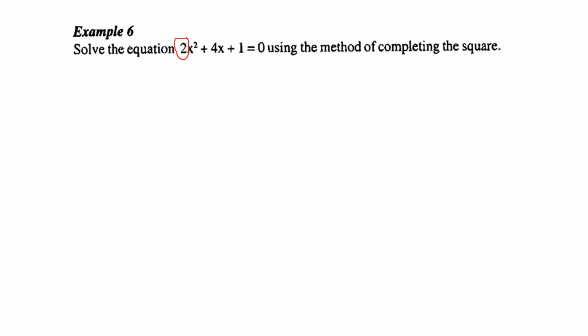The first thing that we need to do is maybe to minus 1 on both sides, so that we can have 2x squared, then plus 4x, is equal to negative 1.